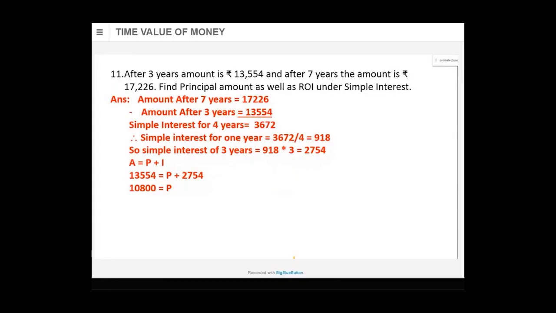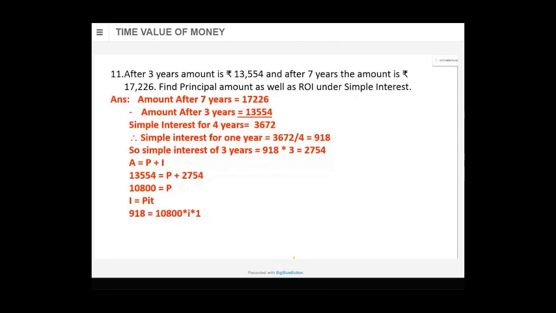Now you calculate the rate of interest. Some people calculate it at 8.5%. Let's see. Now I is equal to PRT. I have interest of 3 years, interest of 4 years, and interest of 1 year, so you can use any one. I'll use 1 year interest. So 918 is equal to 10,800, the principal, into R into 1. You could have taken 3 years interest also, then you have to multiply into 3. You could have taken 4 year interest also, then into 4. It's your choice.